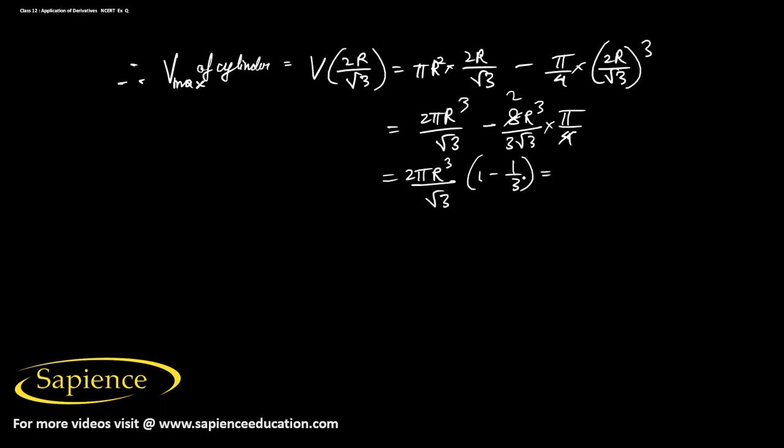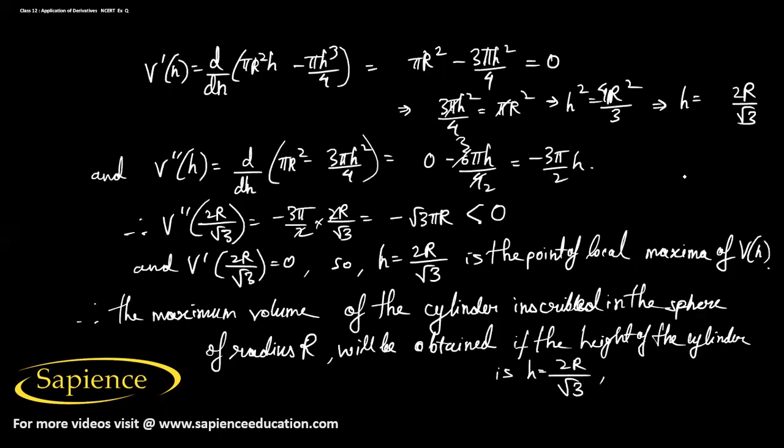So this is 1 minus 1 by 3, that is 2 by 3. So that is 2 by 3 into 2 pi r cube by root 3. So this is 4 pi r cube by 3 root 3.